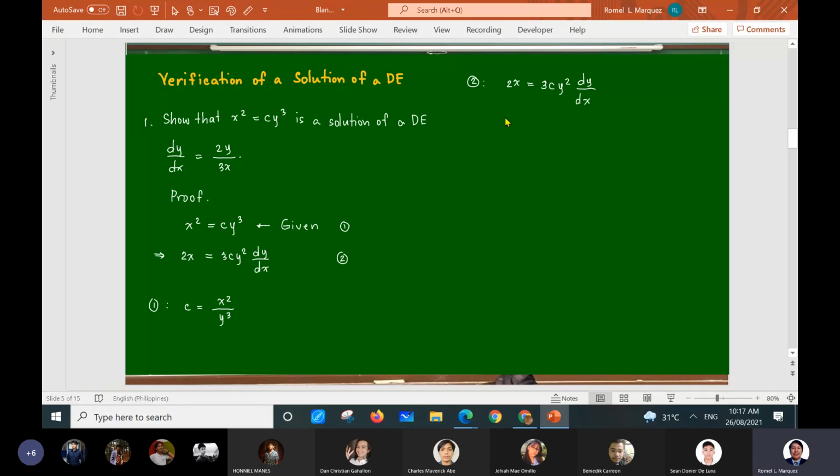So 2x is equal to, what is our C, guys? x squared over y cubed. So x squared over y cubed times 3 y squared derivative of y with respect to x. Or if you want, you can write this as y prime, no? Simplifying, we get 3x squared over y times derivative of y with respect to x, okay?